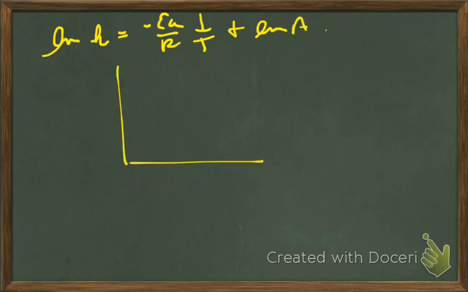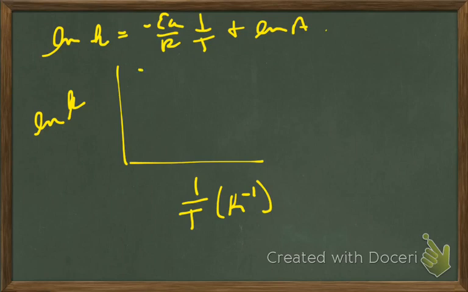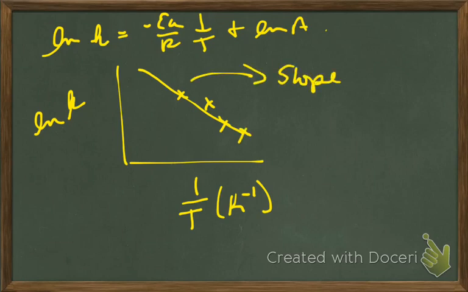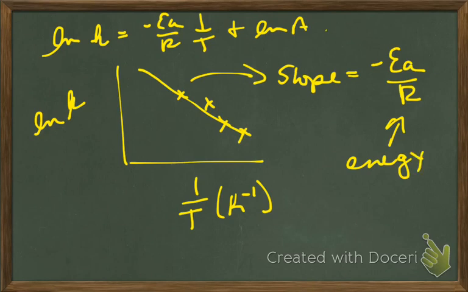What happens if we plot the natural log of K over 1 over T in Kelvin? I would get a line, and these would be kind of my data points, and fit a line to it, right? That slope is going to be equal to negative EA over R. Remember that you're going to have to use R in energy units, which is that 8.31 joules per mole Kelvin, I think.